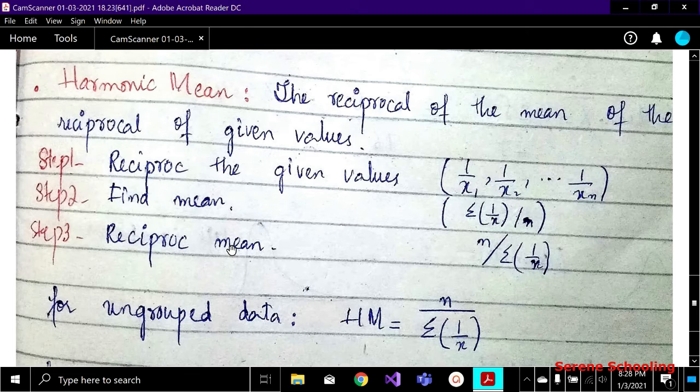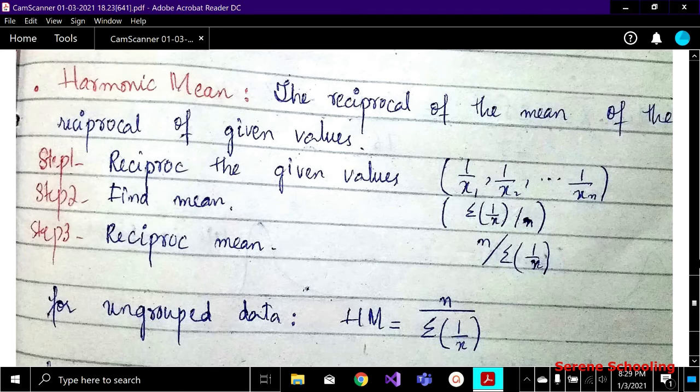Suppose you solve this particular problem and you get 5. So here we will say 1 by 5. This is our harmonic mean. First reciprocate all the data values, then take the mean of the reciprocal of the values, and then take the reciprocal of your mean.